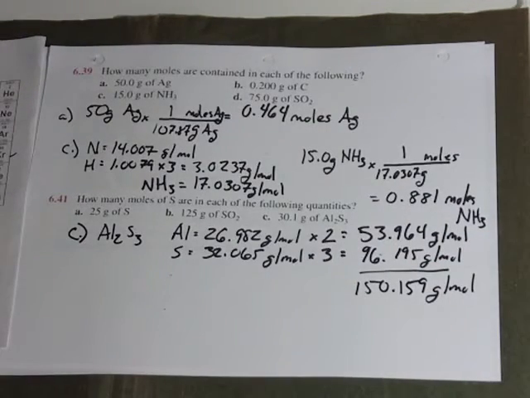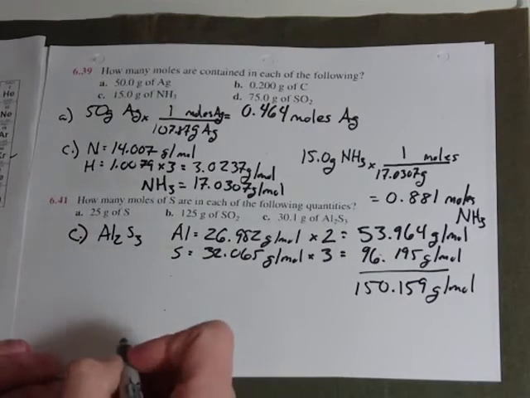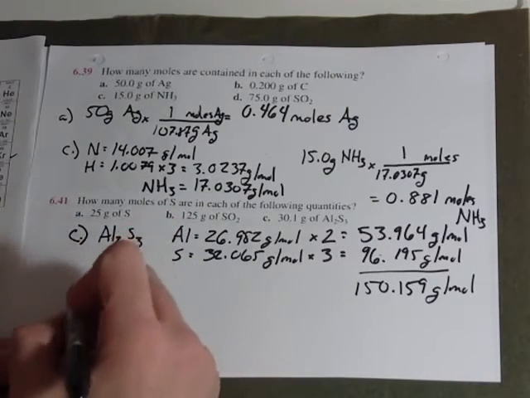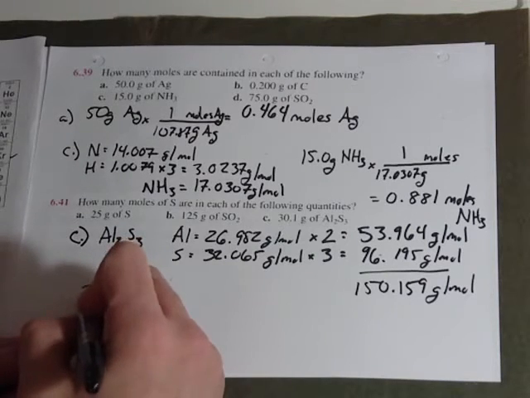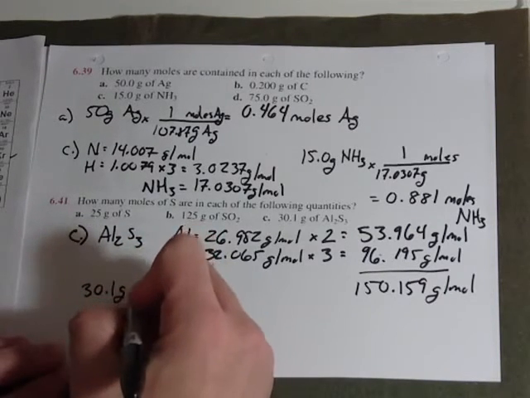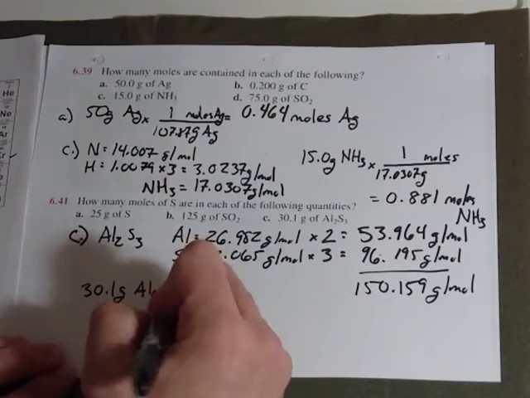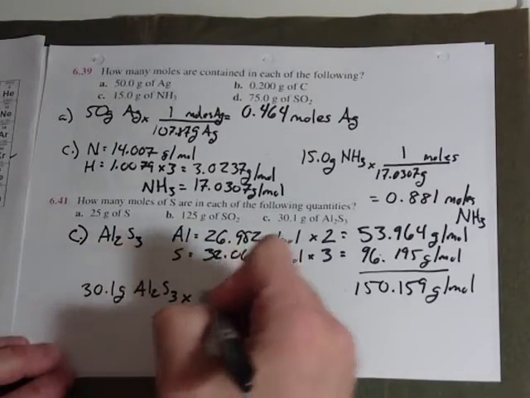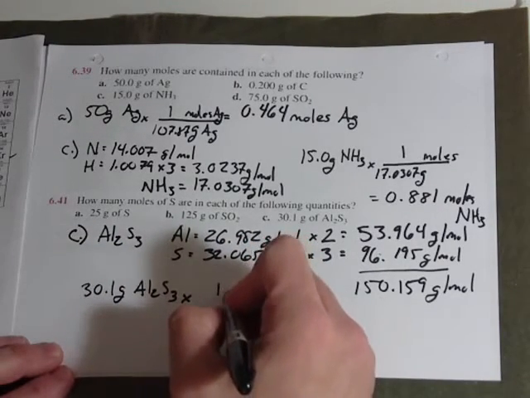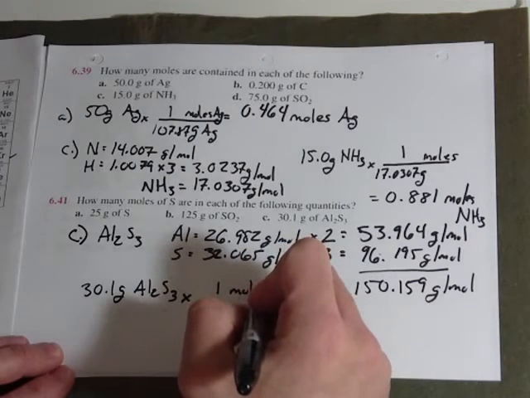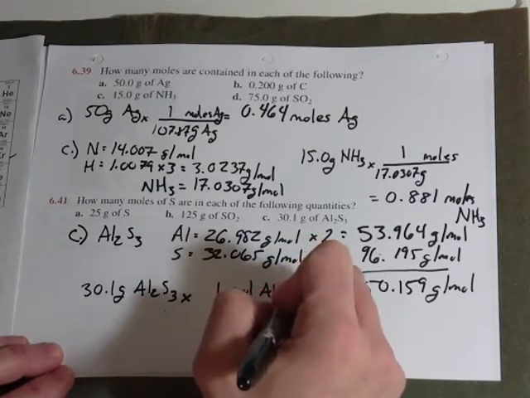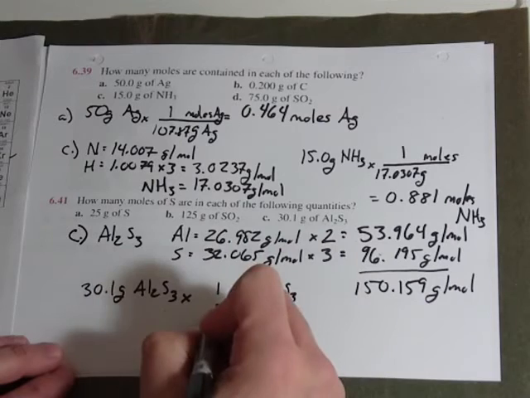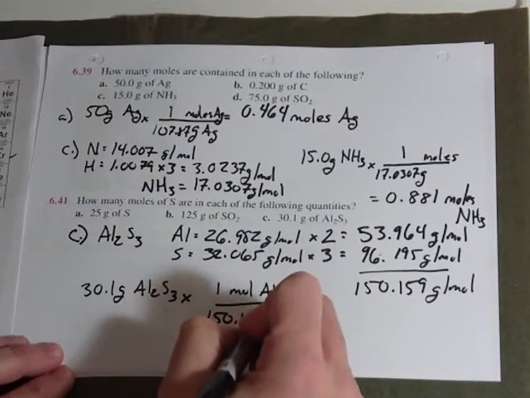So first we need to figure out how many moles of the compound we have. Here we have 30.1 grams of Al2S3, and 1 mole of Al2S3 would have a mass of 150.159.